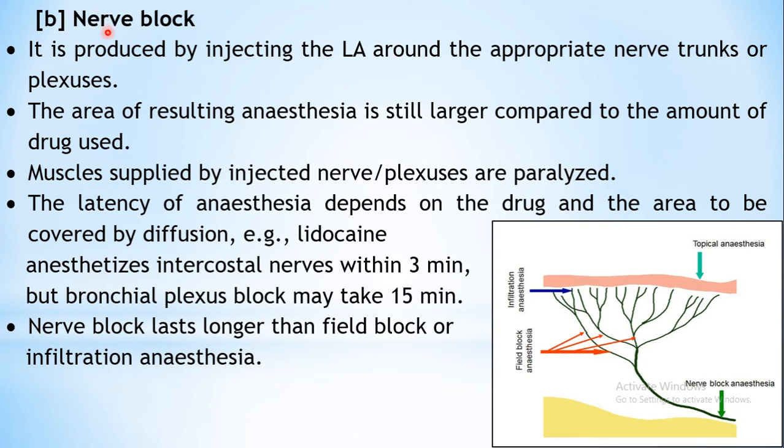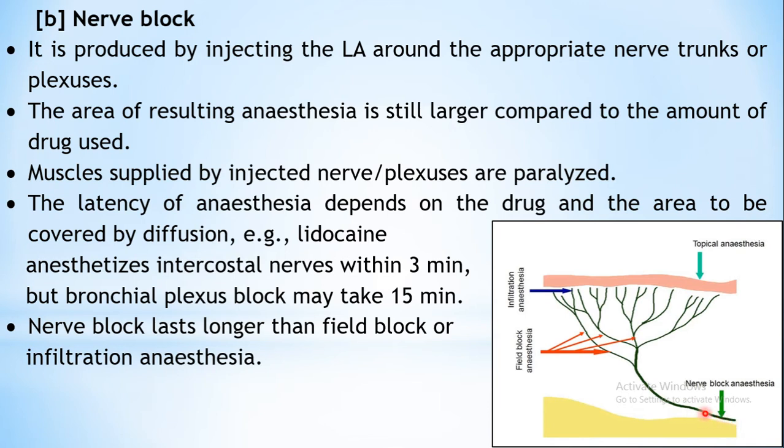Then the next type of technique under conduction block is nerve block. Here the local anesthetic is injected around a nerve trunk or a plexus where it is originating.